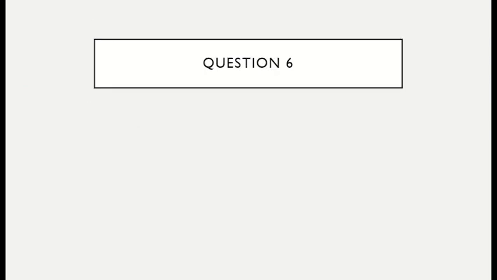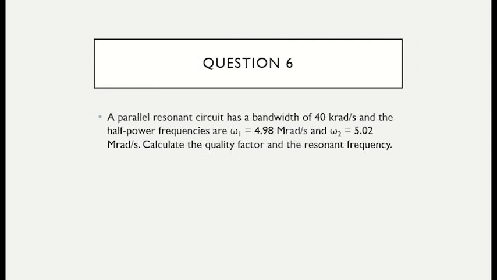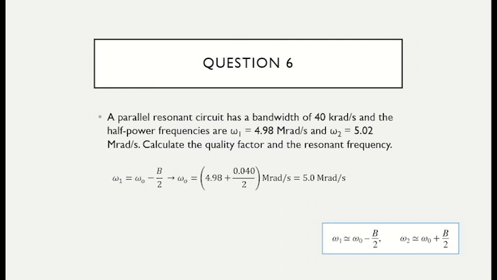59.016. Okay, for question 6, you also have a parallel resonance circuit, but now you are given the half power frequencies and you are supposed to calculate the quality factor and the resonant frequency. So let's just recall the half power frequencies equation here. For this one, you can actually use either omega 1 or omega 2 to solve for the omega naught resonant frequency.